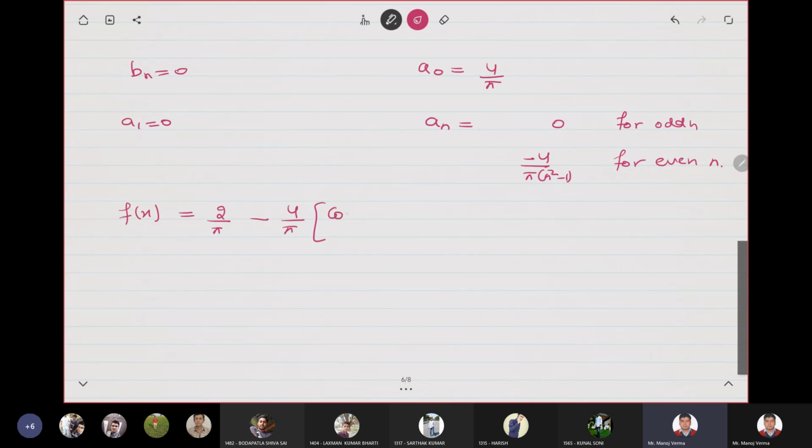So cos first even number will be cos 2x divided by 2 square minus 1, that will be 3, plus next even number, for odd number it will become negative, next even number is 4.